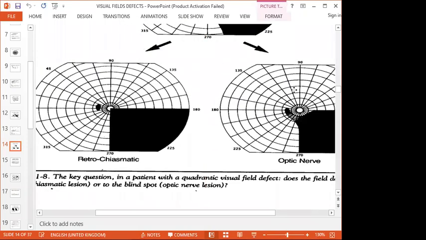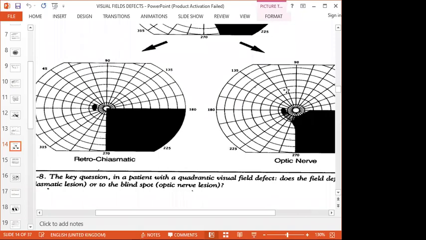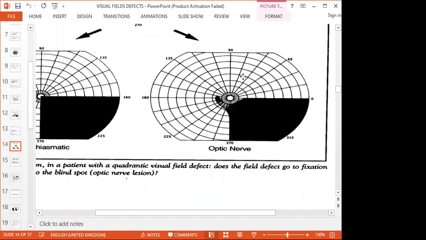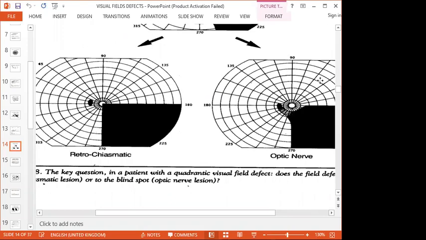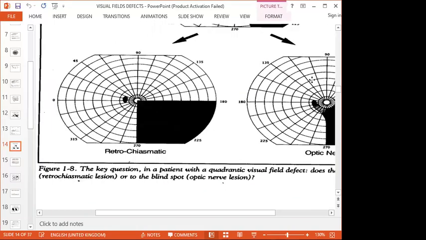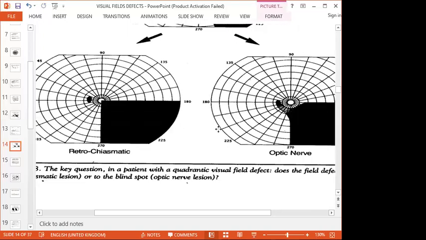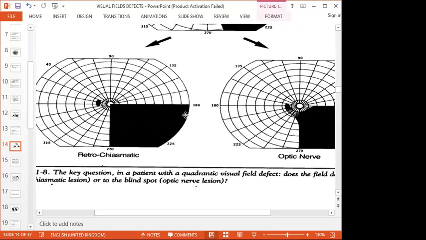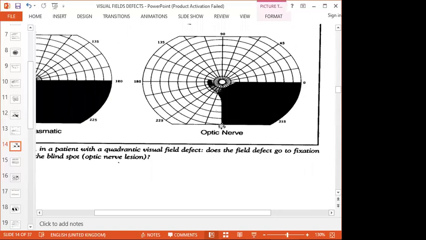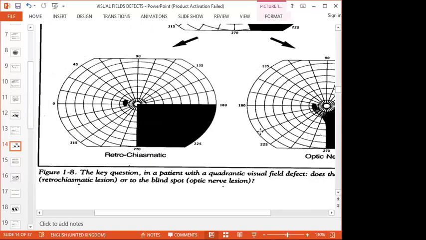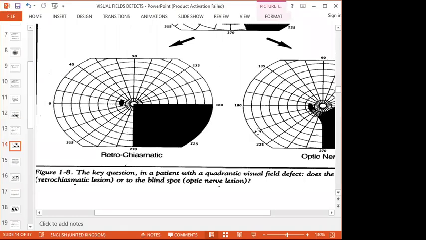The key question in a patient with a quadrantic visual field defect: does the field defect go to fixation or to the blind spot? If it goes to the blind spot, it's an optic nerve lesion.